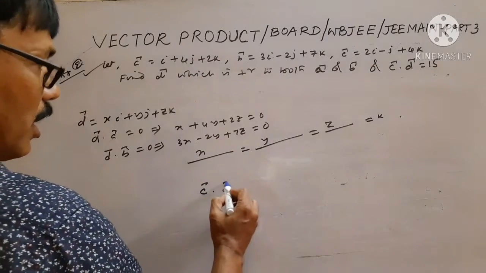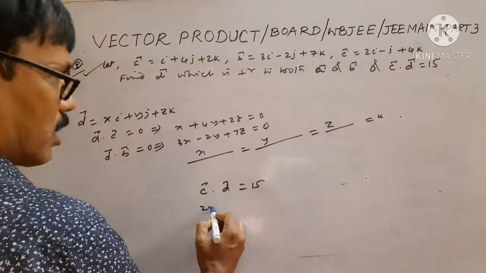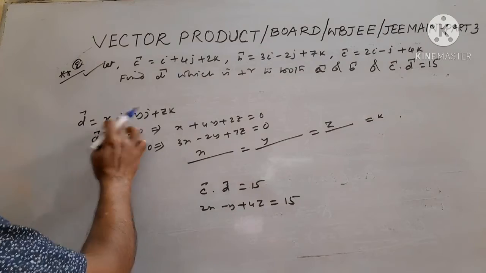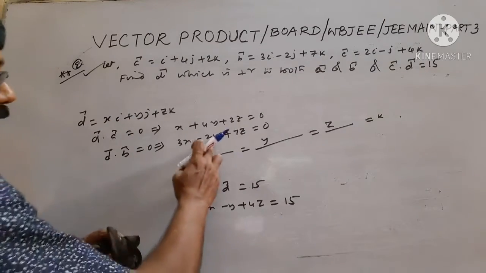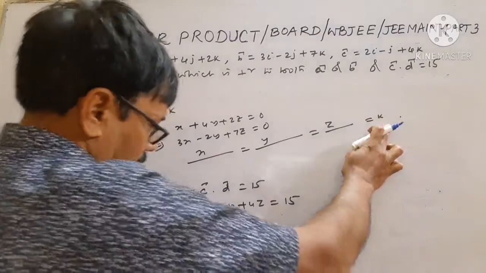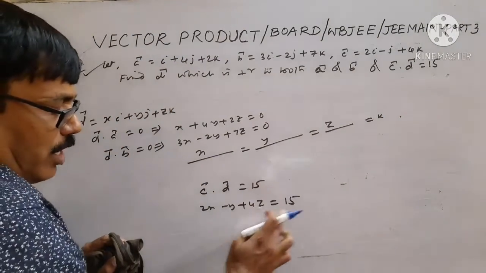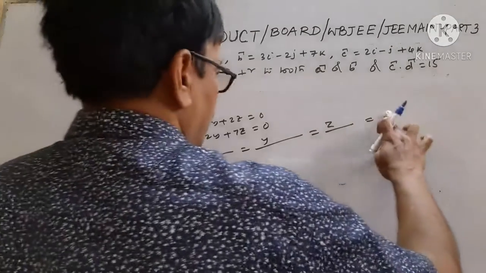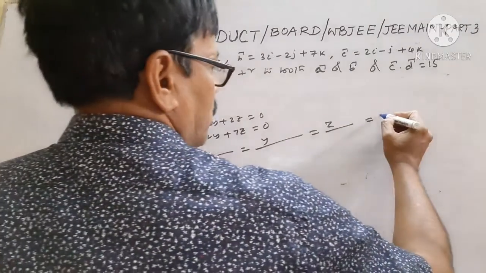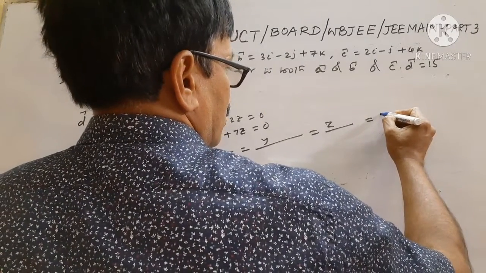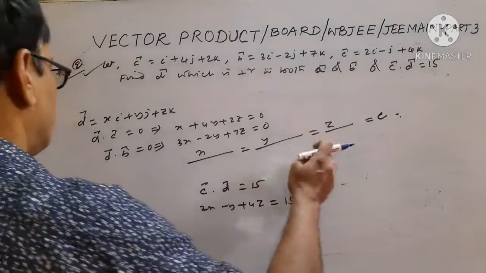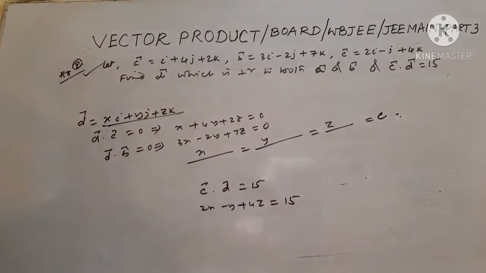So C dot D equals 15, so 2x minus y plus 4z equals 15. From here you get x, y, z in terms of the constant. Putting the values of x, y, z, you get the constant, and then you get x, y, and z, and so the D vector.